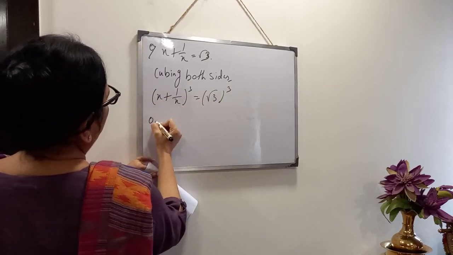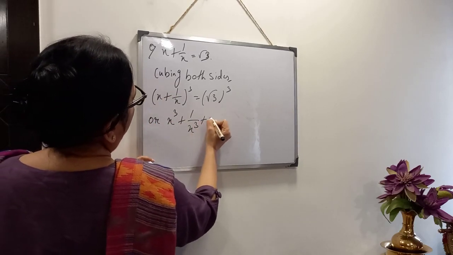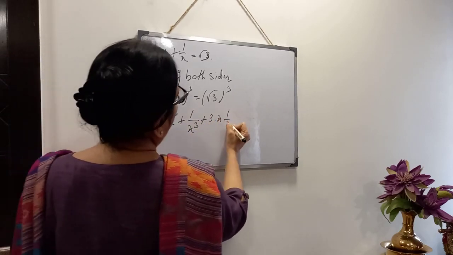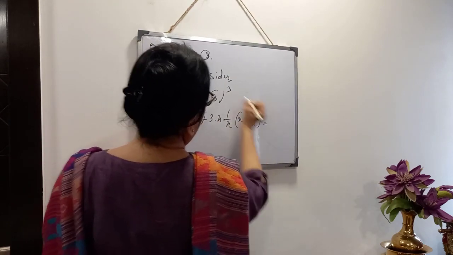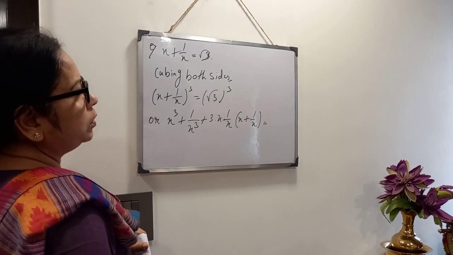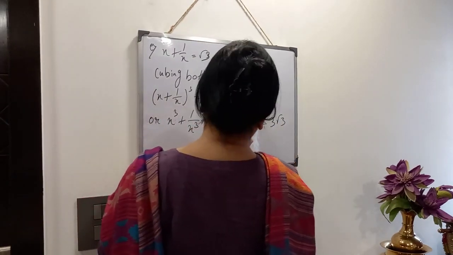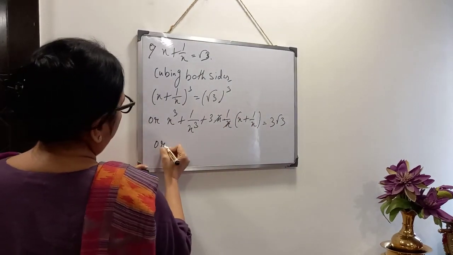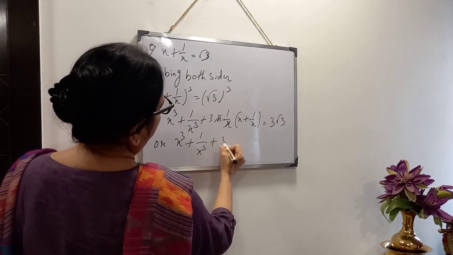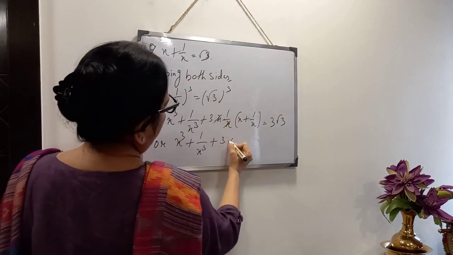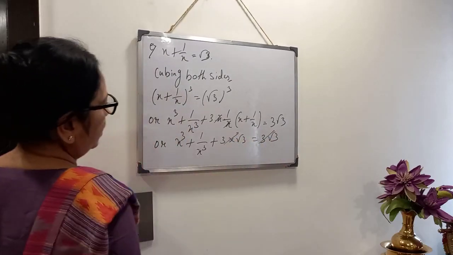A plus b whole cube, a cube plus b cube plus 3a into b into a plus b. And right hand side whole cube means root over 3 into root over 3, that is 3. So 3 root over 3, or x cube plus 1 by x cube plus 3, this value we know, root over 3, and right side 3 root over 3. So this and this will be cancelled out.